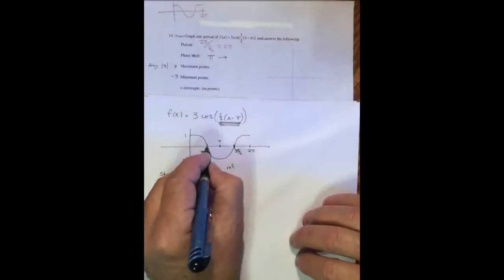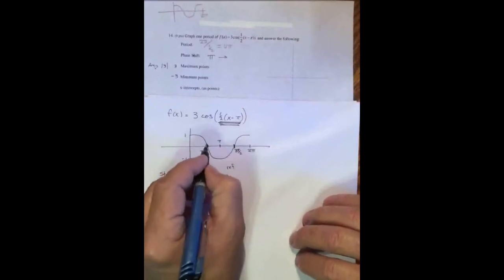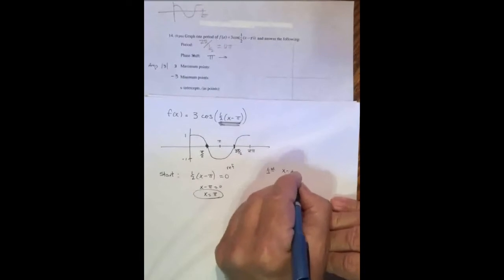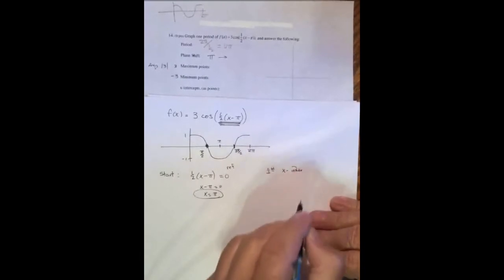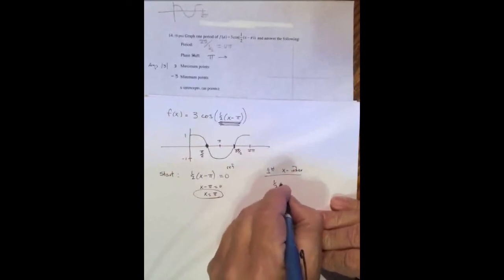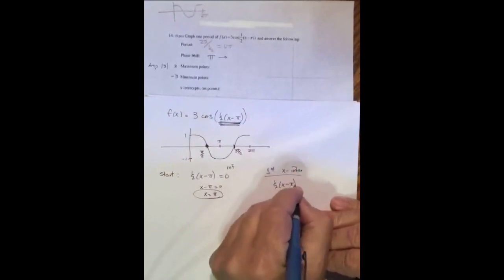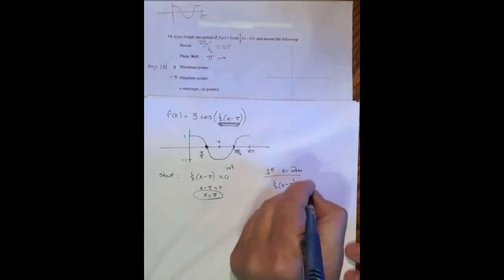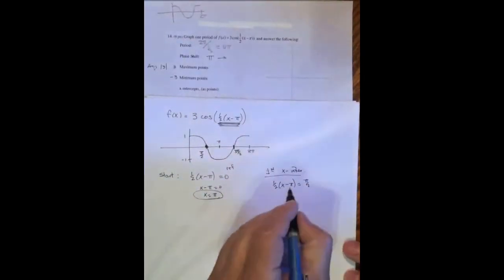Now, this is the first time the reference curve is 0. So for the first x-intercept, I'm going to take the argument 1/2 times x minus pi and set it equal to the first time it's 0 in the reference curve, pi over 2.